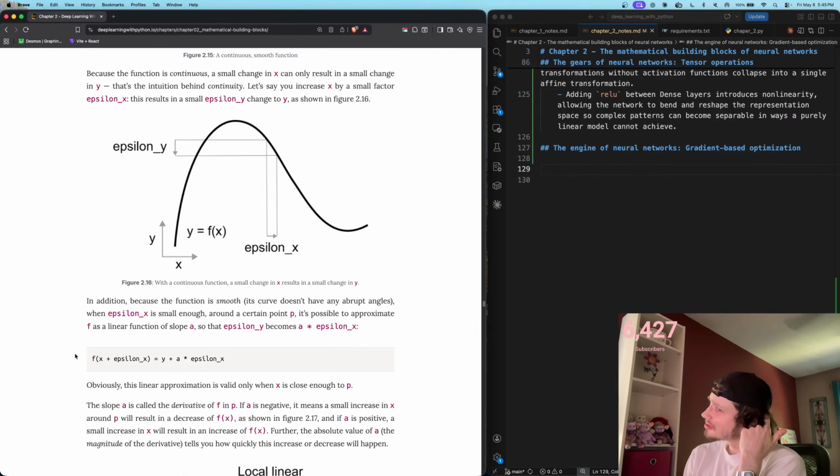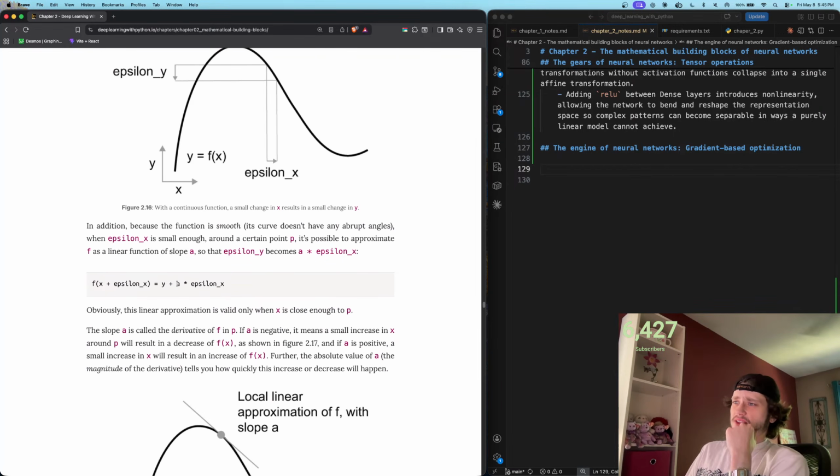So f of x plus epsilon x equals y plus a times epsilon x. What it's doing here is this is just being substituted in for epsilon y. You're applying some epsilon x onto x, so small around a certain point P that you can approximate f as a linear function of slope a.